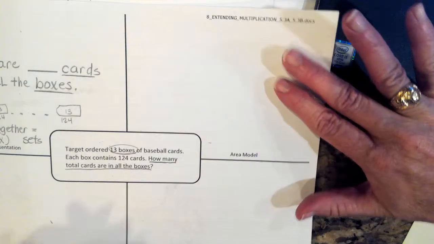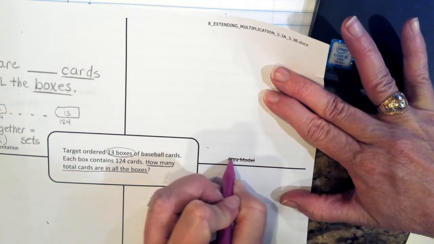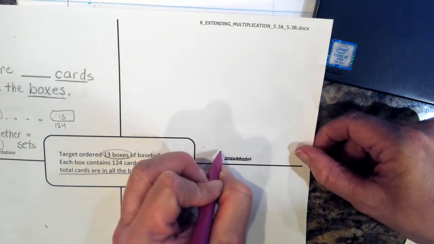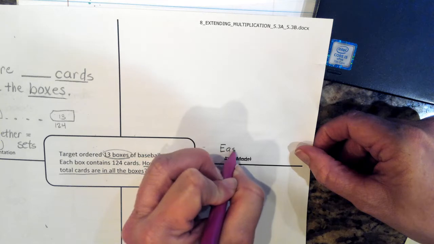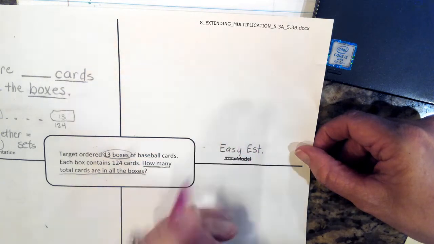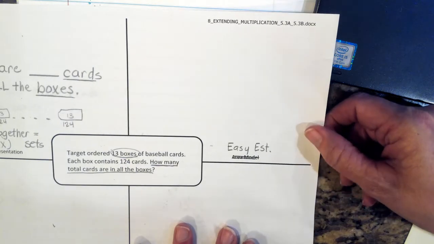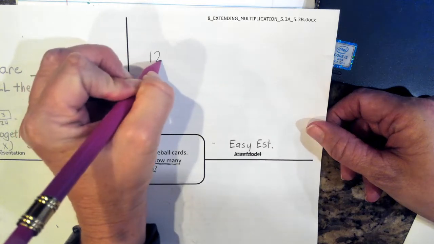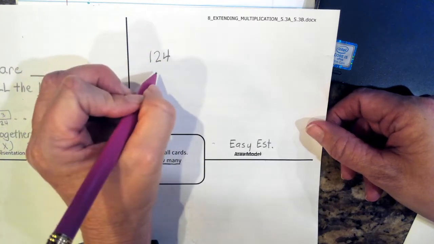The next thing I want to do is move over to this area. It does say an area model, but I'm going to cross that out because at this time what I'd like to do in this box is make an easy estimate, to see if it's even reasonable. The numbers we're going to be multiplying are 124 and 13.